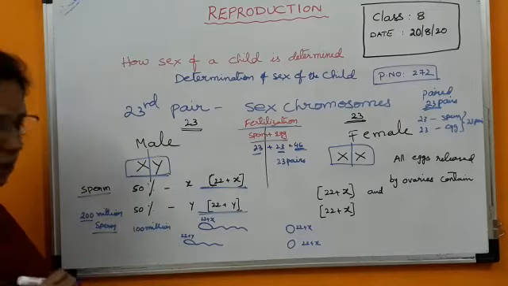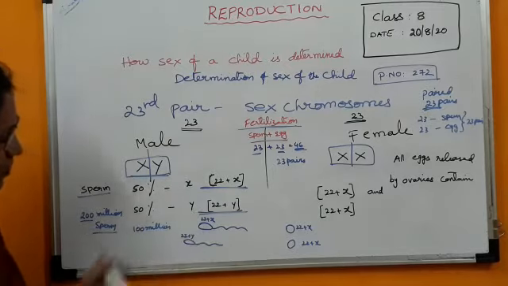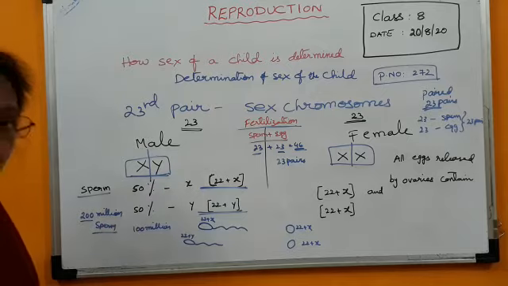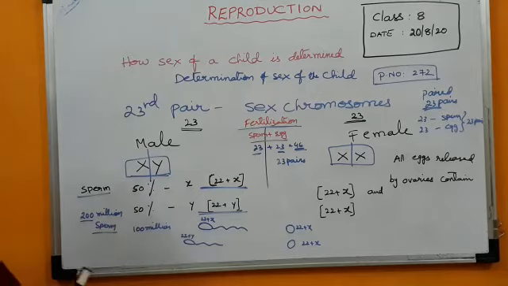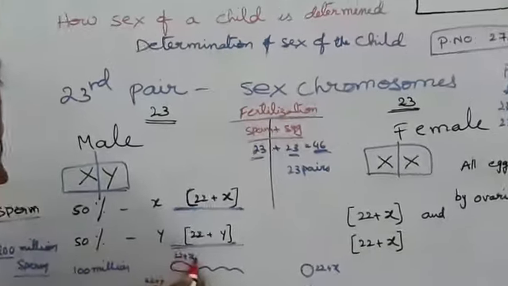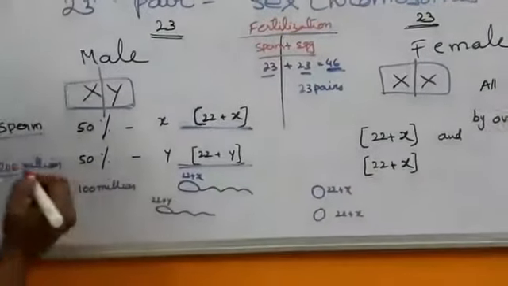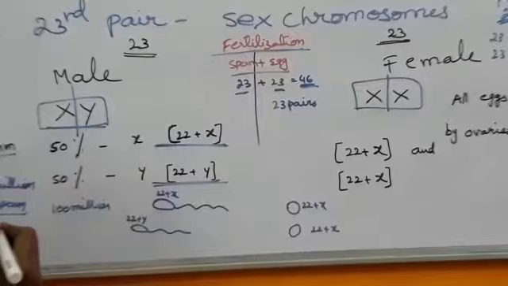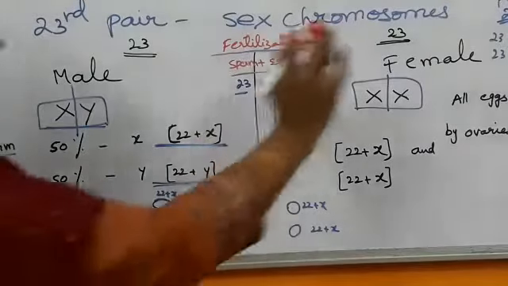Is it clear, children? So every sperm will have 23 chromosomes, either 22 plus X or 22 plus Y. Are you following? Right.